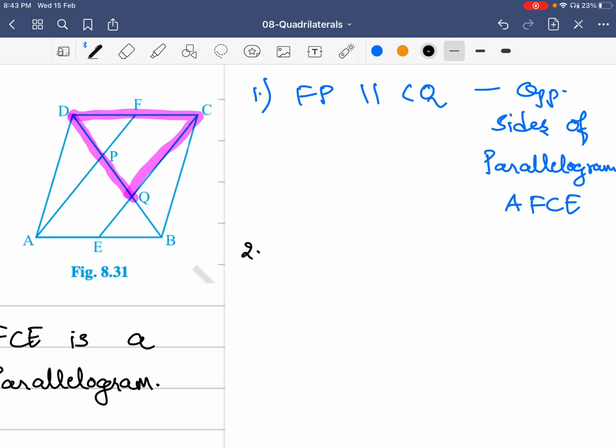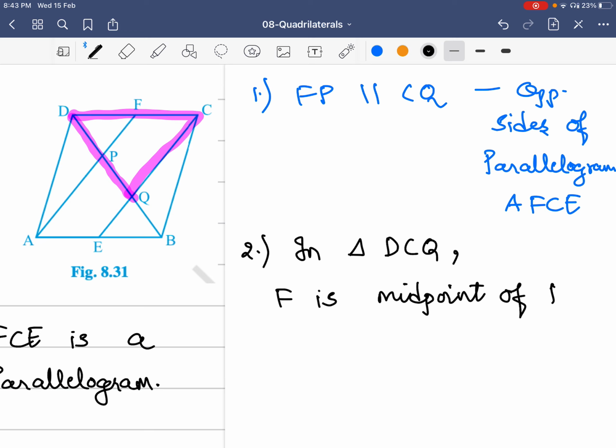Point number 2: in triangle DCQ, F is the midpoint of DC, because that is given, and FP is parallel to CQ. That is from here.